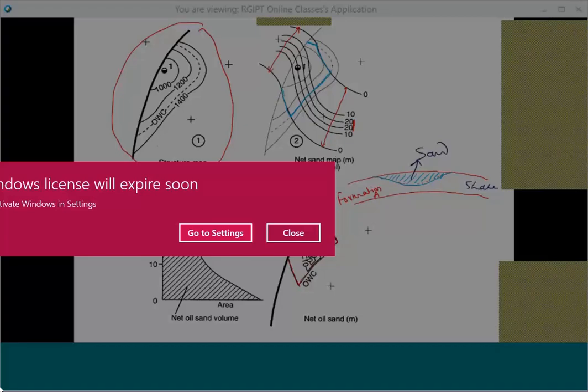And so this is what you are going to map out: let's say 20 meter thickness, what is the area? So which one is the 20 meter thickness? This one. 20 meter thickness is this one.